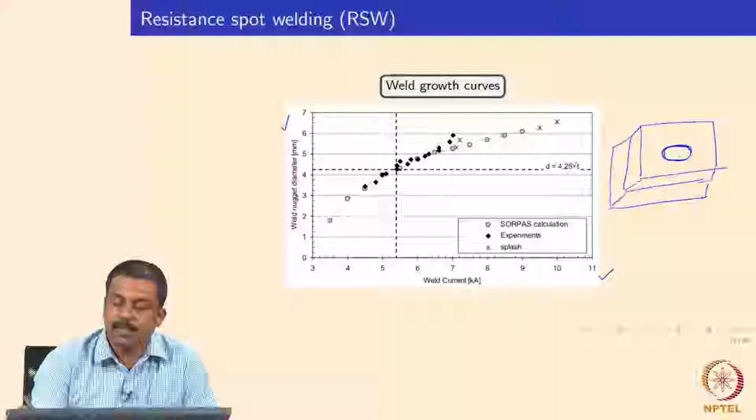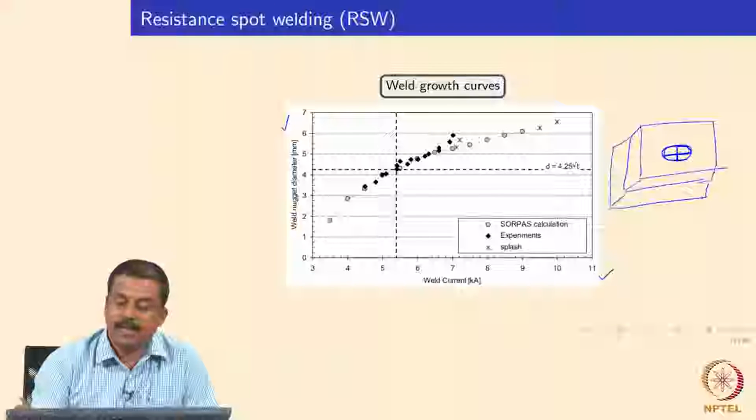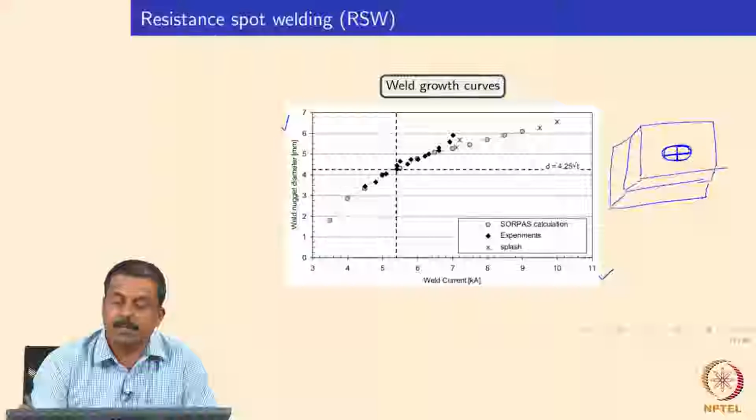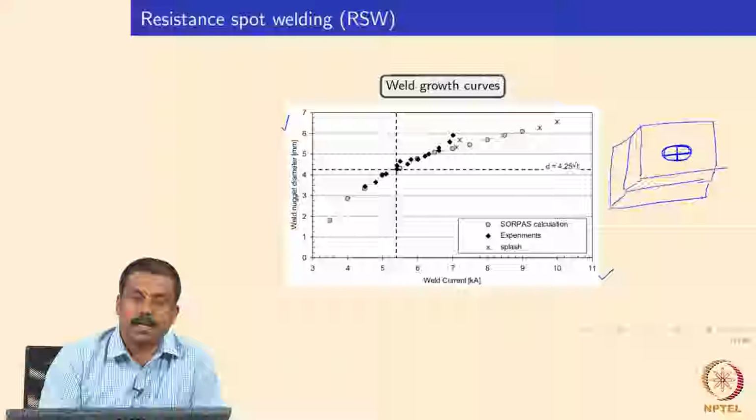We generally measure the diameter along the long axis, and we either take that as the weld nugget diameter, or you can average it between the long and the short axis of the ellipse, and identify the weld nugget diameter on the top of either side of the surface.